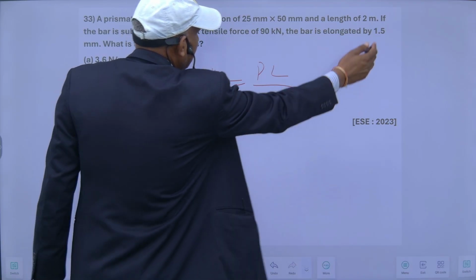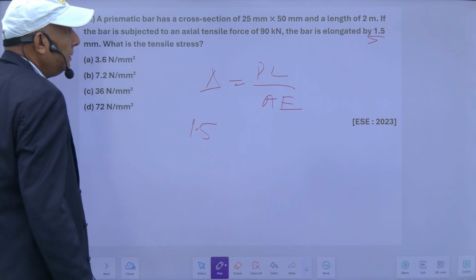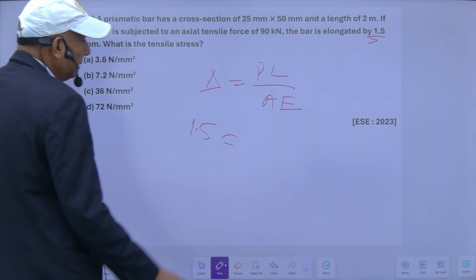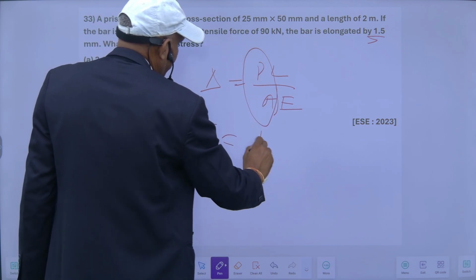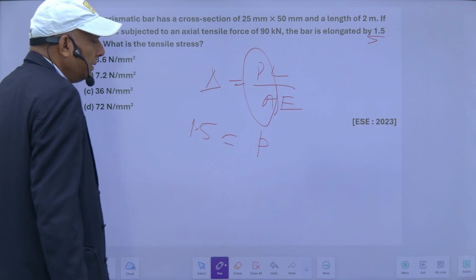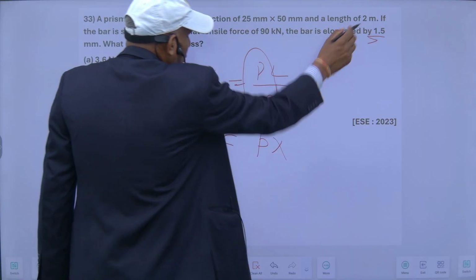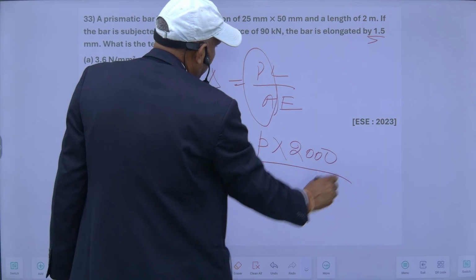So elongation is 1.5 mm, and this P upon A is stress. So you can say small p, this is stress, into L is equal to 2 meter, 2 means 2000 mm, upon E.